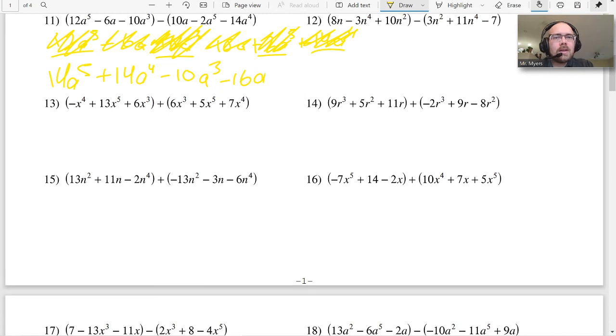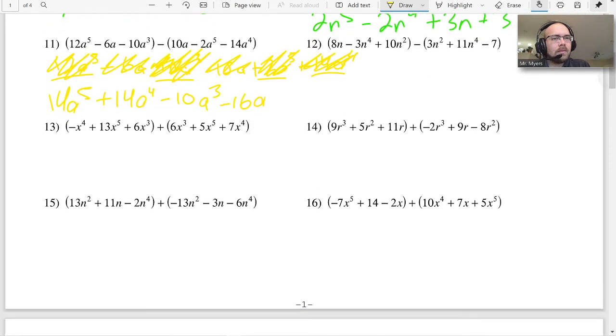Cool. All right. So for this next one here, here's what I'm going to do. I'm actually going to distribute this negative without rewriting the whole thing. So I'm going to put a minus right here. I'm going to turn that into a plus. That's going to be a minus now, and that's going to be a plus.